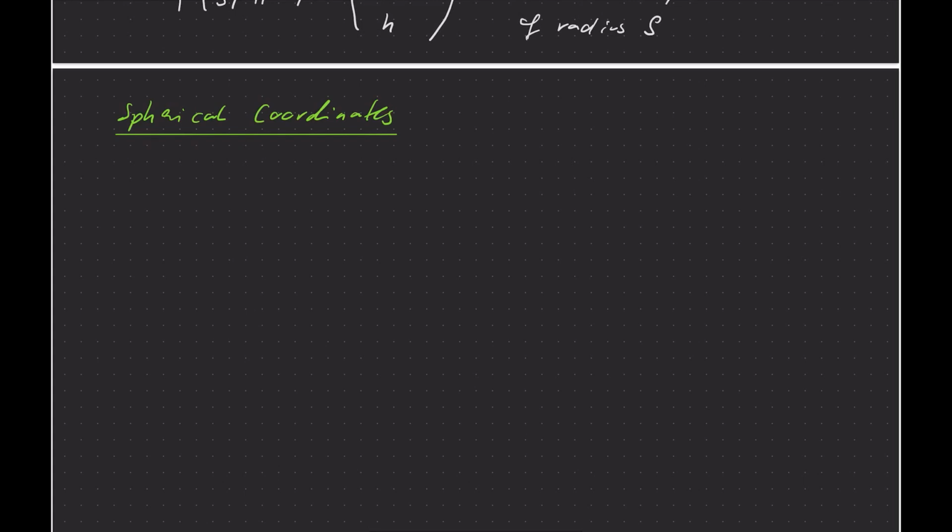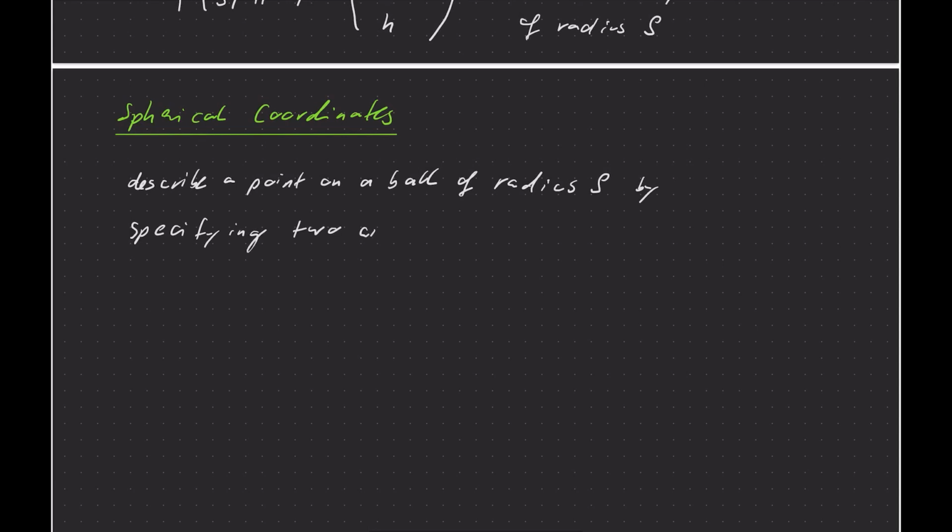Okay, so the idea is to describe a point on a ball of radius rho by specifying 2 angles.